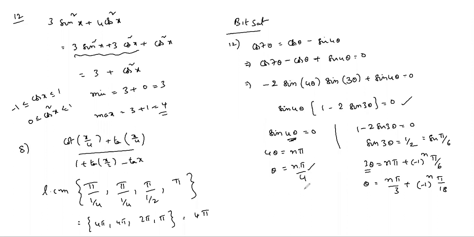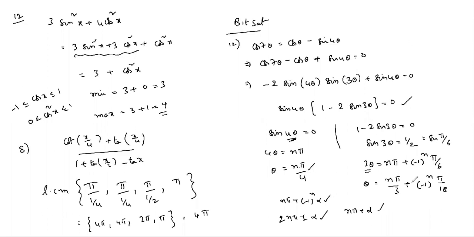Sin theta equal to sin alpha is n pi plus minus 1 whole power n into alpha. Cos theta is 2n pi plus or minus alpha. Tan theta is n pi plus alpha. Secant you convert into cos, cosecant into sin, cot into tan. So always we get this.